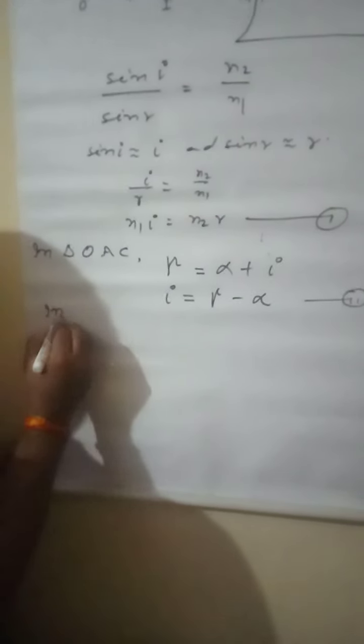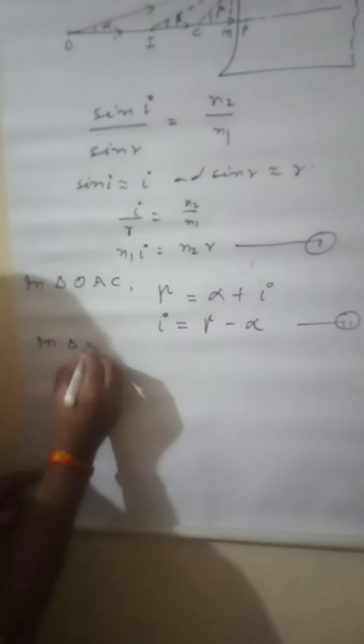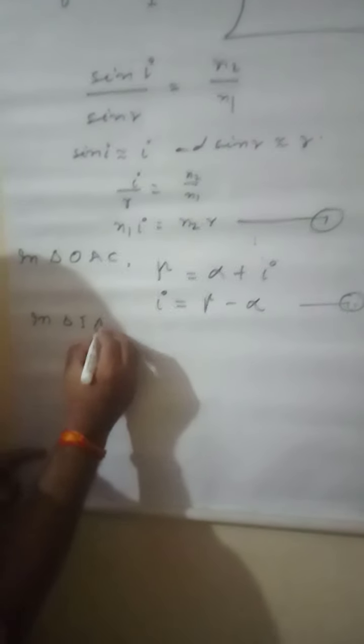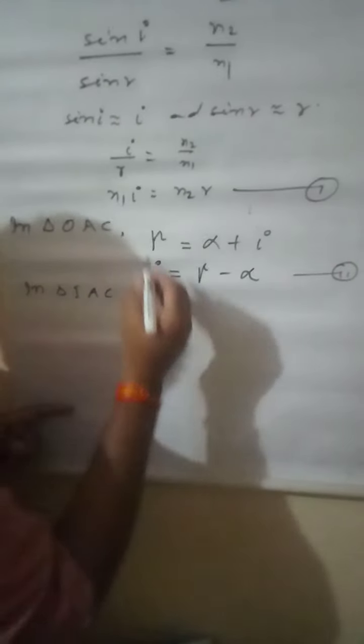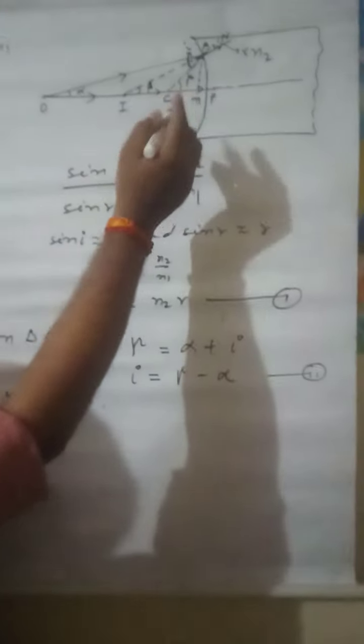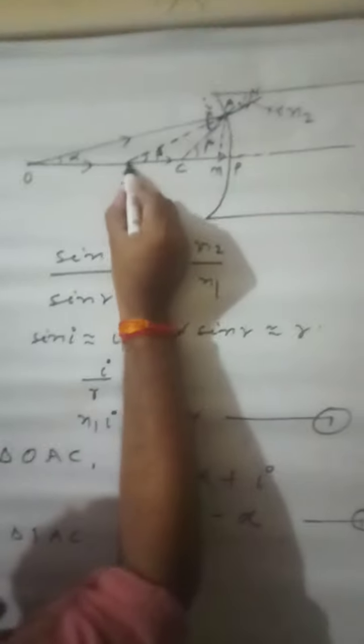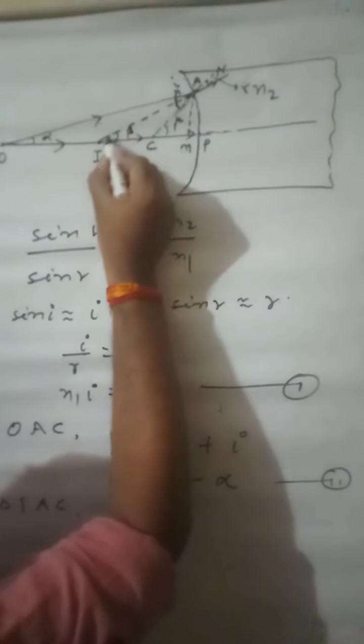This is equation 2. In the same way, triangle IAC, this smaller triangle.